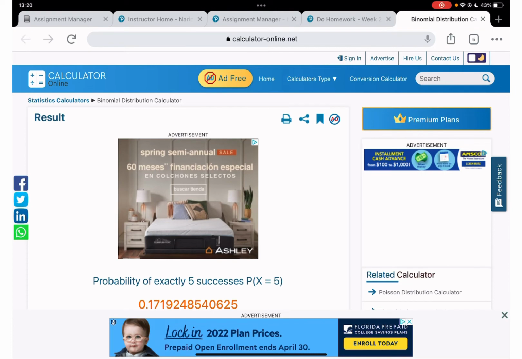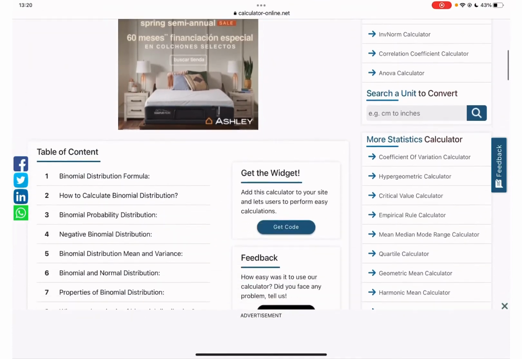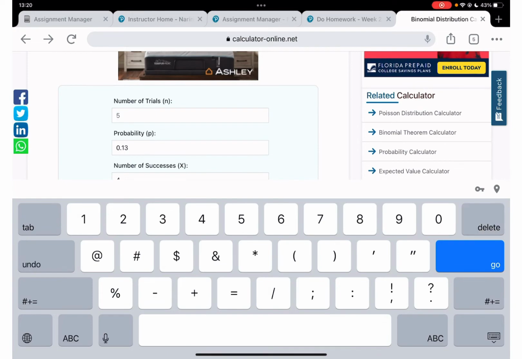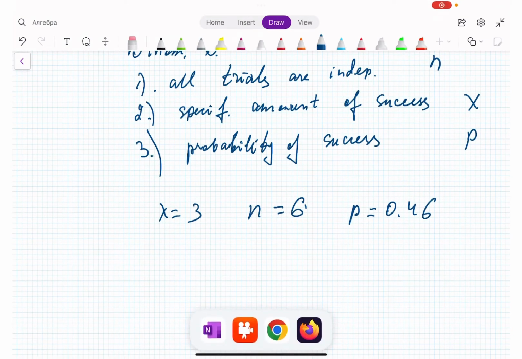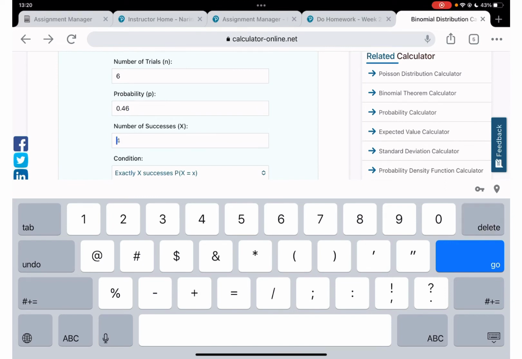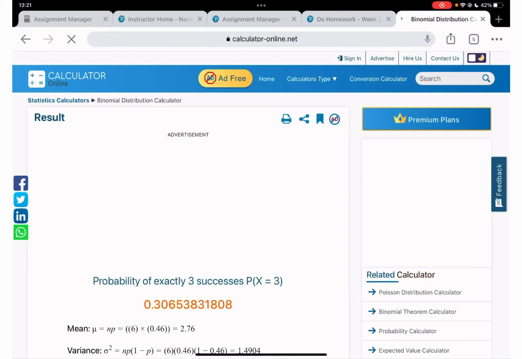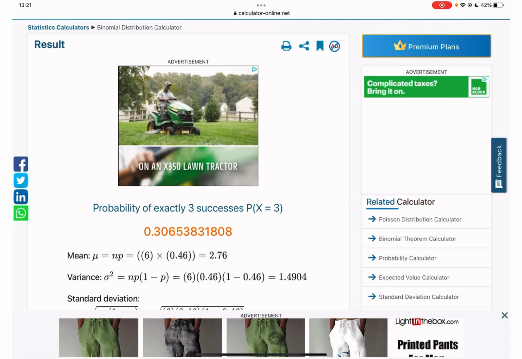So I have to go back. Trials 6, probability 0.46, and x is 3, number of successes 3. Okay, click calculate. Exactly, it's going to be 0.307.